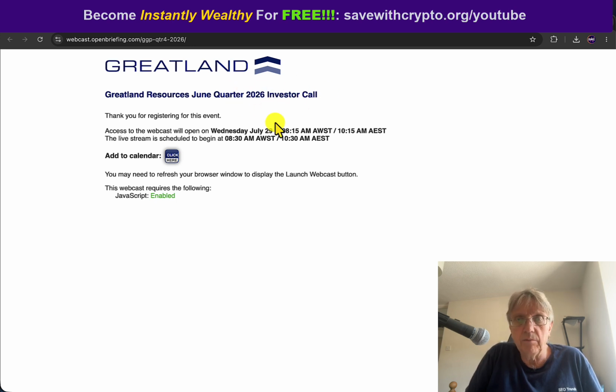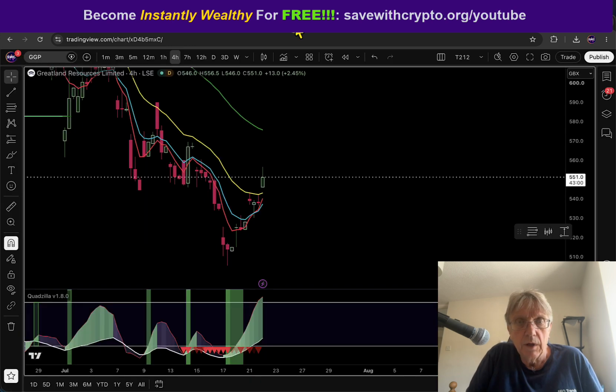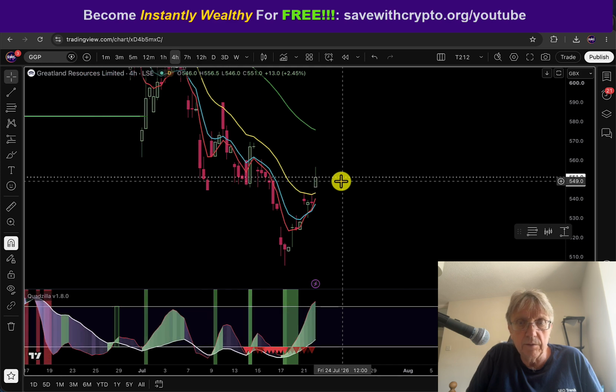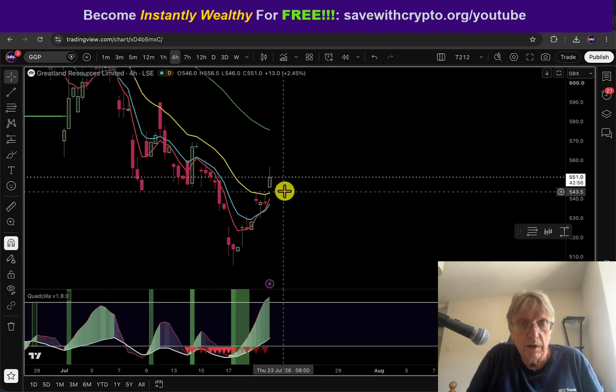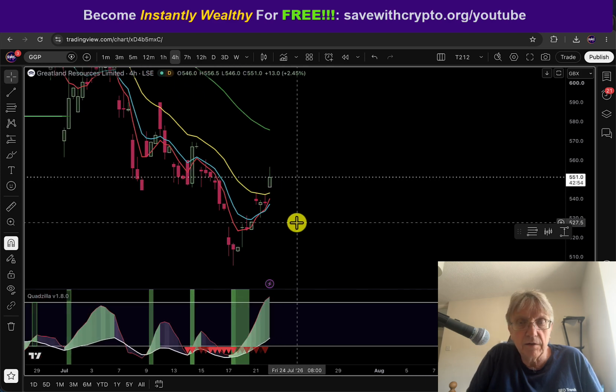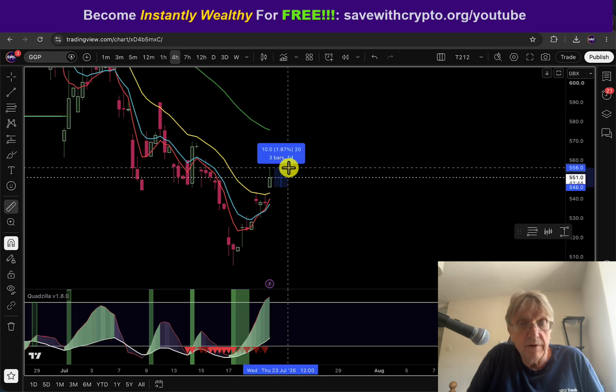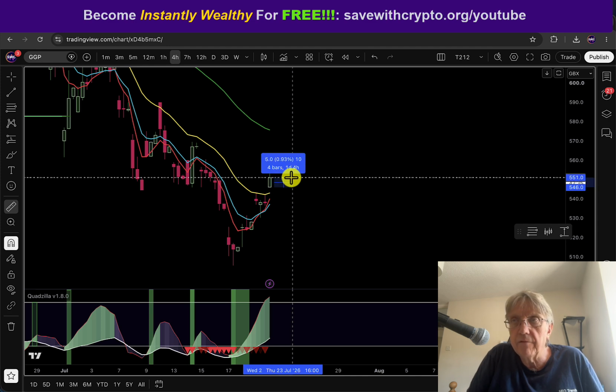I can only assume that whatever happened, and I don't know how to get a recording of that call, I can only assume that it was good because the price seemed to have gone up quite nicely in this current 4-hour candle. In fact, it went up about £10 this morning. It's currently up about 5.